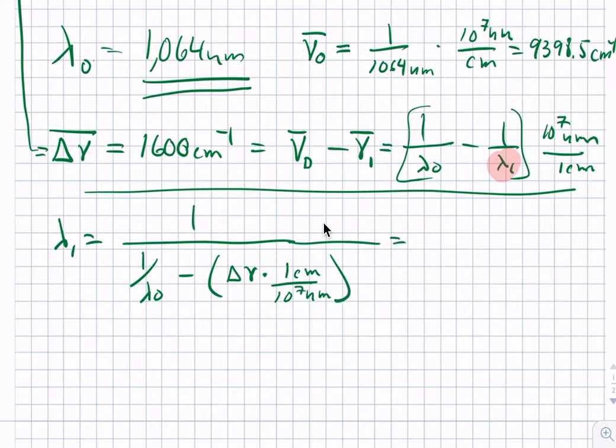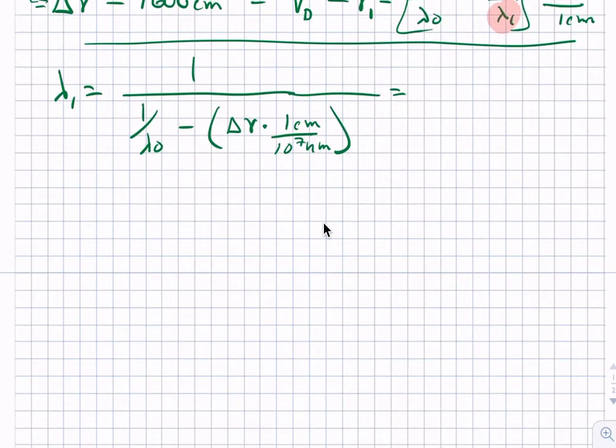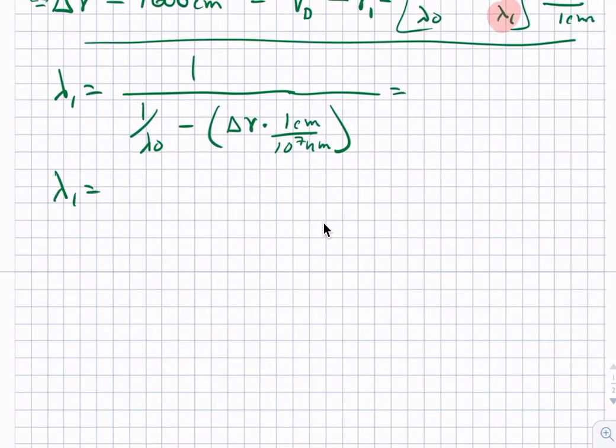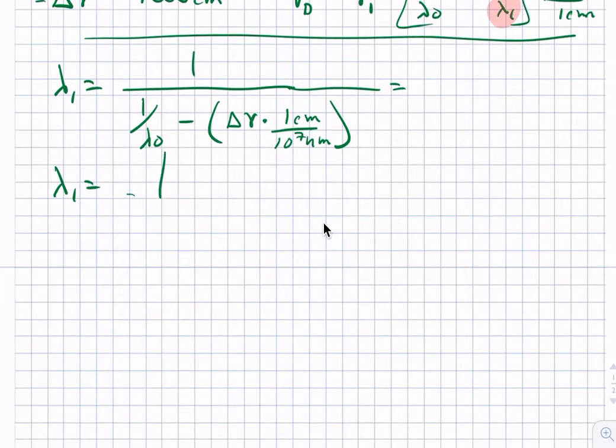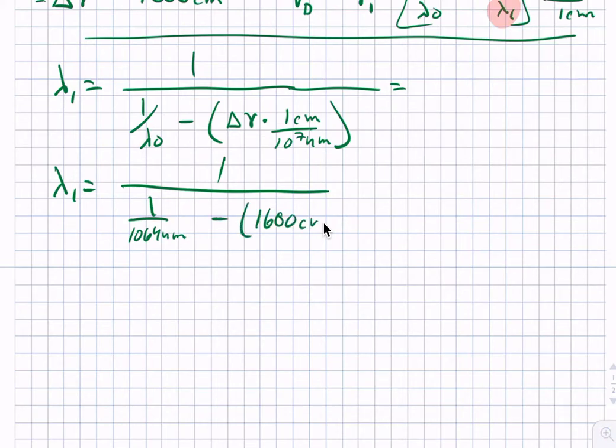And so if we plug in our values for this particular example, lambda 1 is going to equal 1 divided by 1064 nanometers minus 1600 wave numbers, which is that vibrational frequency for the double bond.